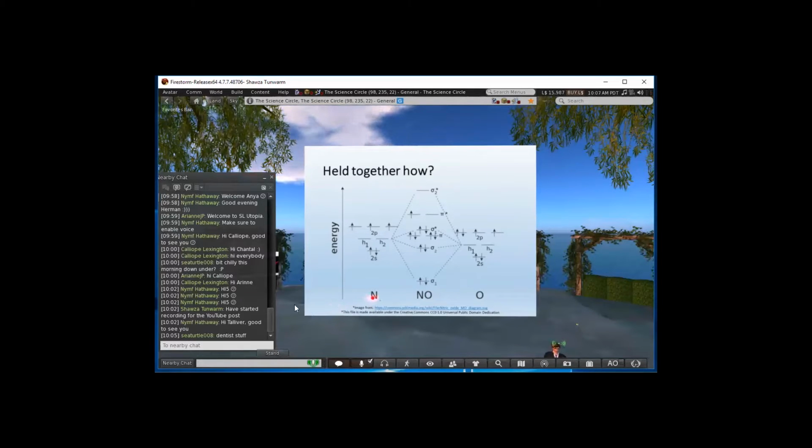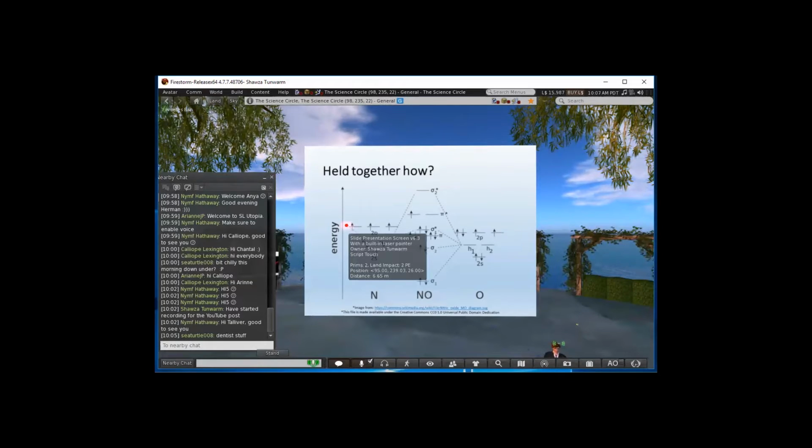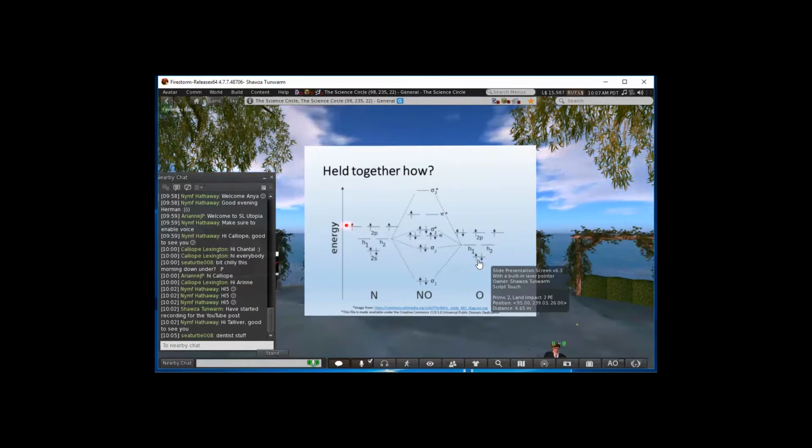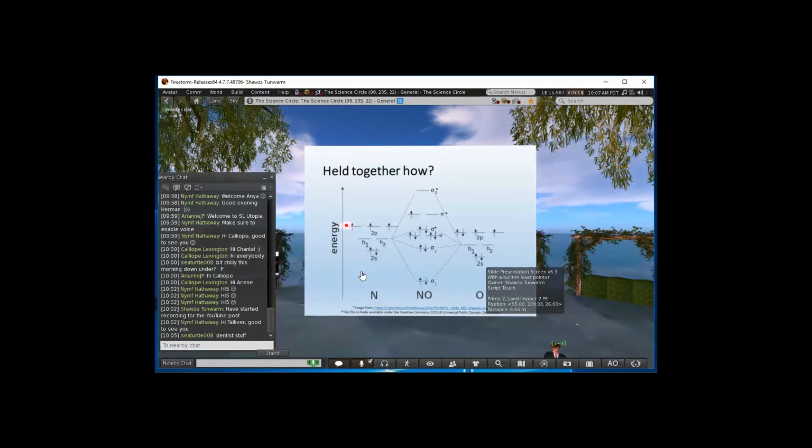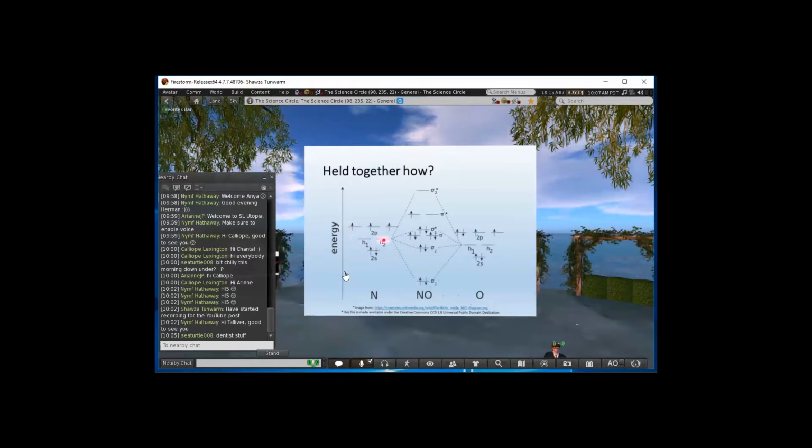Nitrogen stashes its outermost electrons in a 2s orbital and in 3 p orbitals. Same thing for oxygen. And these little up and down arrows represent electrons. One of the things I like about this diagram is that they added this little H1 and H2 set.